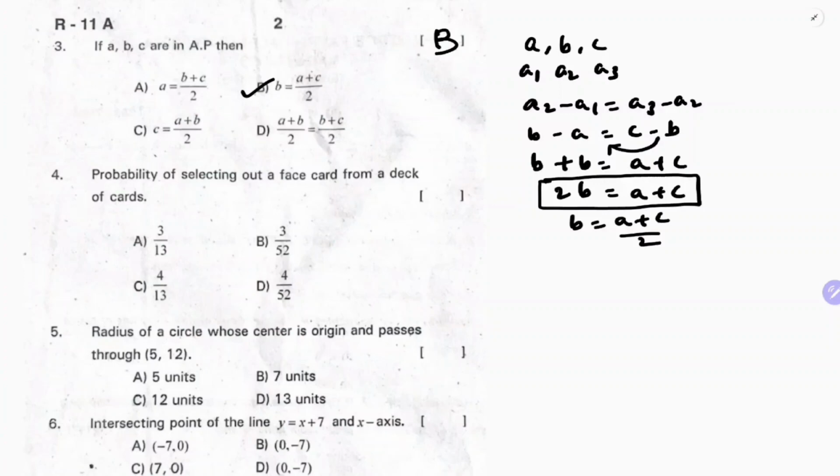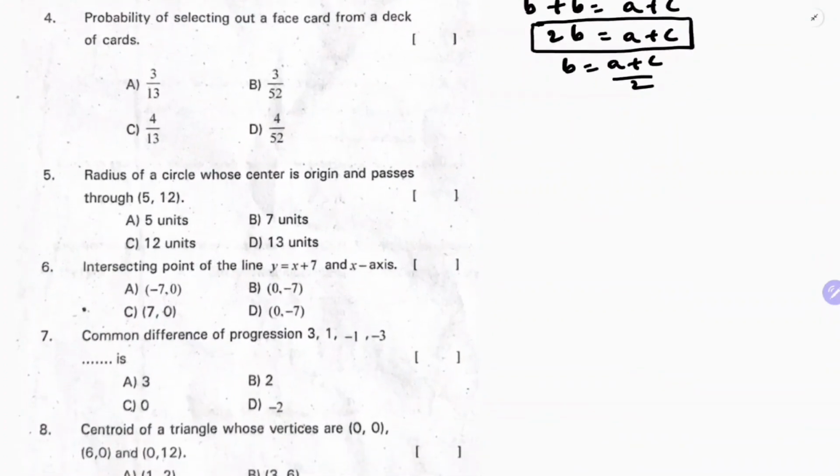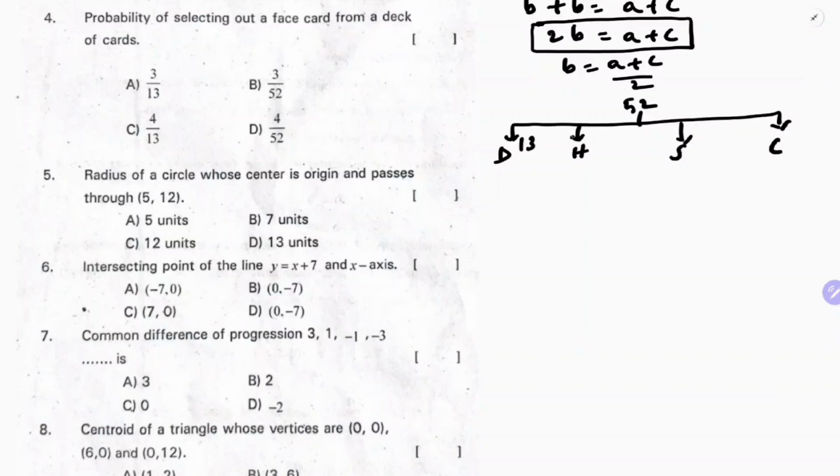Next one. Probability of selecting a face card from a deck of 52 cards. The 52 cards are divided into 4 suits: diamonds, hearts, spades, clubs. In each suit there are 13 cards.